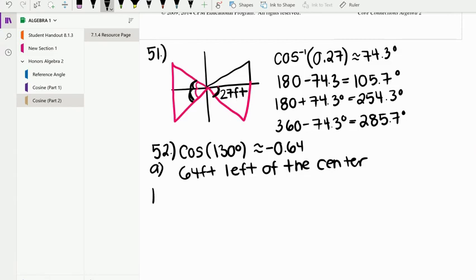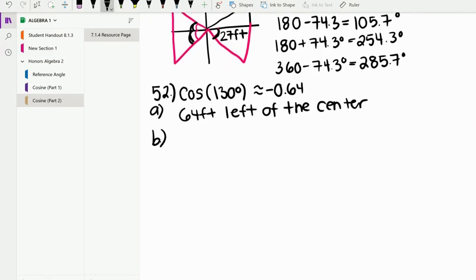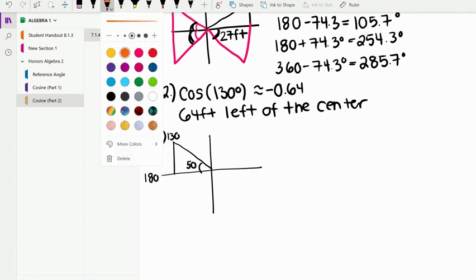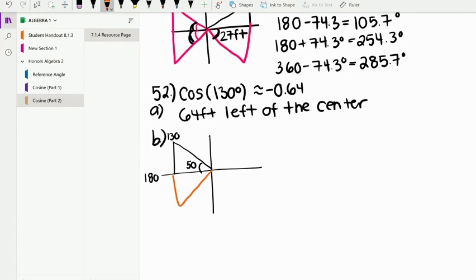And then for part B, it's asking, are there any other triangles with the same base? So again, of course there are. There's going to be 3 other ones. For 130, we're going to sketch that in. So 130 is right here. Okay, so we know that this is 130, this right here is 180, and this is 50 degrees. So I would also have this angle right here, and this angle right here, and this one.